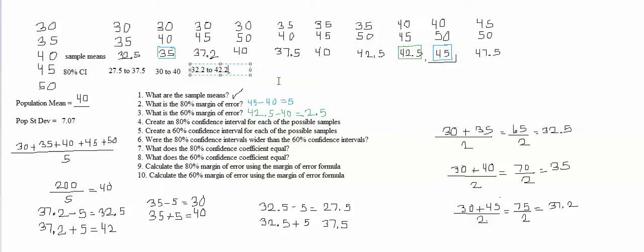So I actually made a mistake down here. This should be 32.2, and this one should be 42.2. I'll finish all of these.